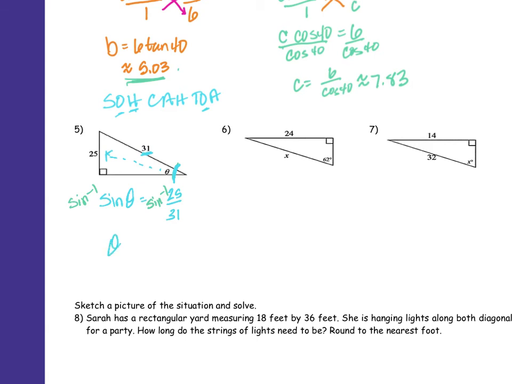So theta is approximately sine inverse of 25 divided by 31, which is 53.75 degrees. Don't forget, these are angles. Angles are measured in degrees, and we need to label those.